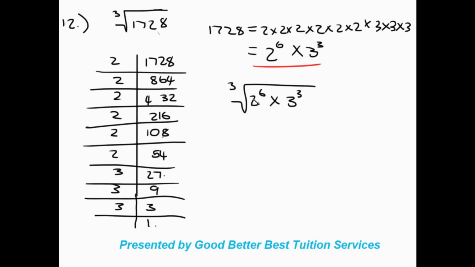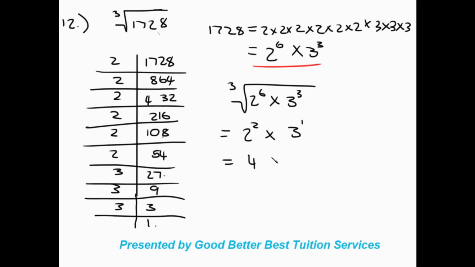So we know that with laws of exponents, if we're trying to square or cube root any exponent, we would divide the exponent by the number on the outside. So what's going to happen here is we're going to be left with 2 to the power of 6 divided by 3 gives me 2 squared, times 3 to the power of 3 divided by 3 gives me 1. So we have 3 to the power of 1.